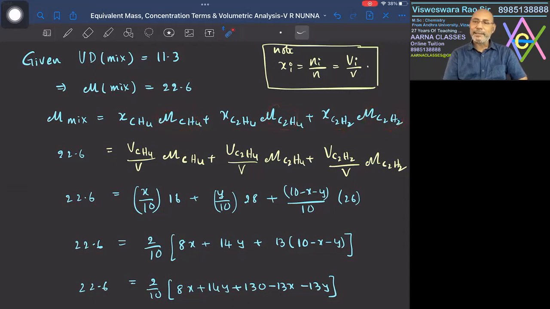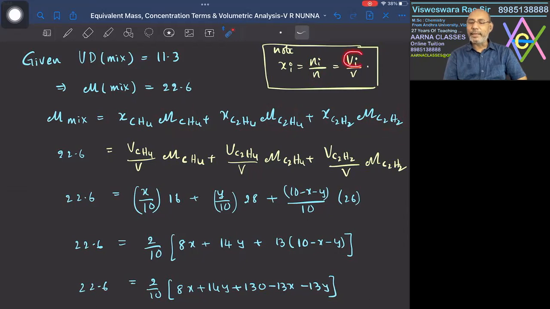But mole fractions, how to do that? Generally, to find the mole fraction of a gas in the mixture, we take the number of moles of that gas divided by the total number of moles. But I'm applying Avogadro's rule now. That means I'm carrying out the entire experiment at constant pressure and temperature. Volume is directly proportional to number of moles. So whenever number of moles are there, I am using the volumes now.